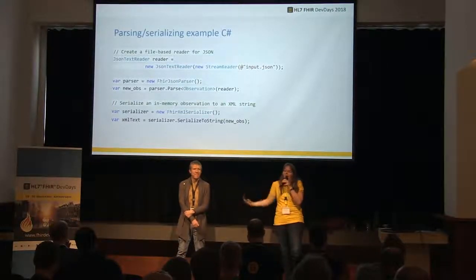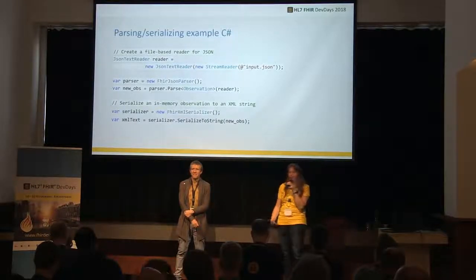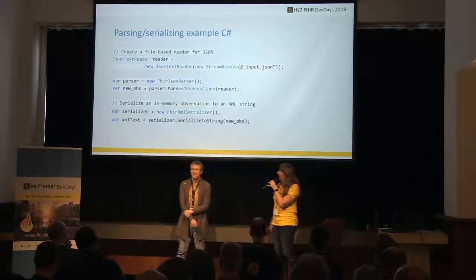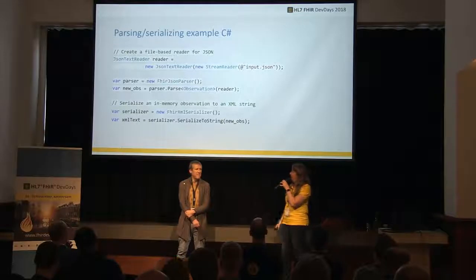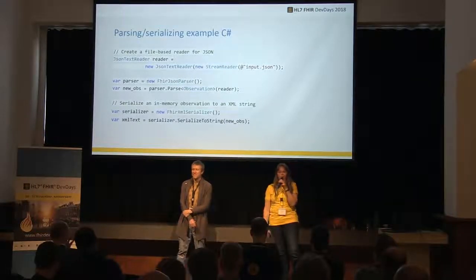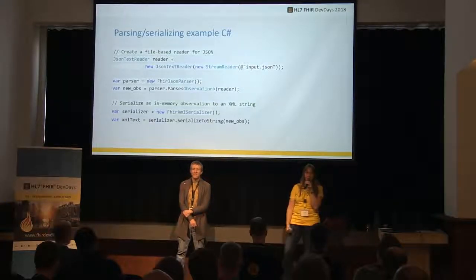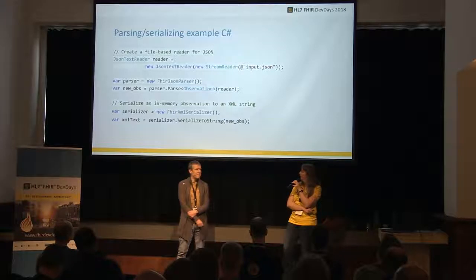That's just, well, you can access your file system, you can put in a string, whatever you have available, and then parse that into a memory object. And then, of course, serialization is the same way with the serializer, and then serialize to string or to a document or things like that. So there are several methods inside of the serializer in C# as well. So try them out.